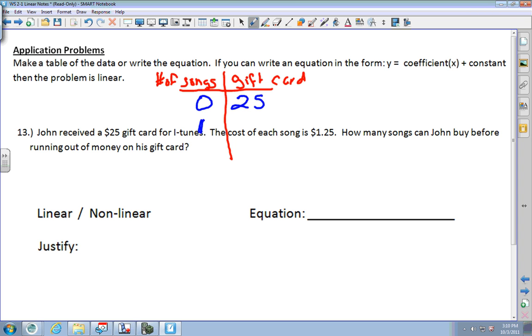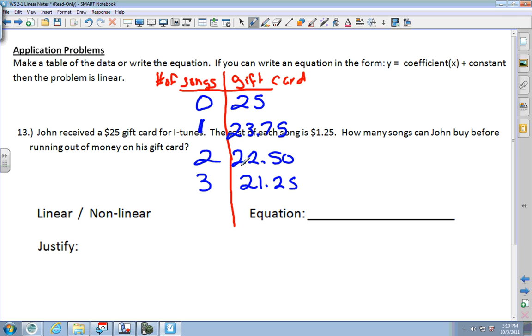After he gets the first song, subtract off $1.25, so that is $23.75. The next song he purchases, you take off another $1.25, so it's $22.50. And the next one, another $1.25 is $21.25. I don't really have to go on any more than this.